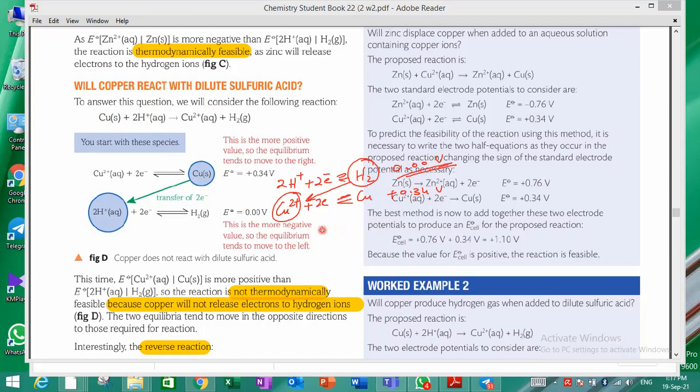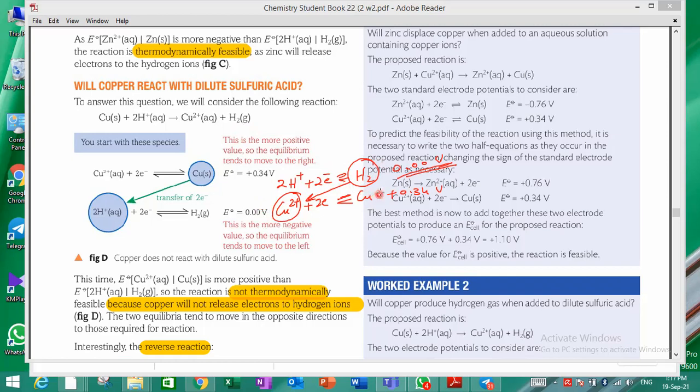Understand? But even if we say that from this arrangement hydrogen gas would react with copper ions to form copper plus 2 hydrogen ions, although it is thermodynamically feasible, yet this reaction does not take place.